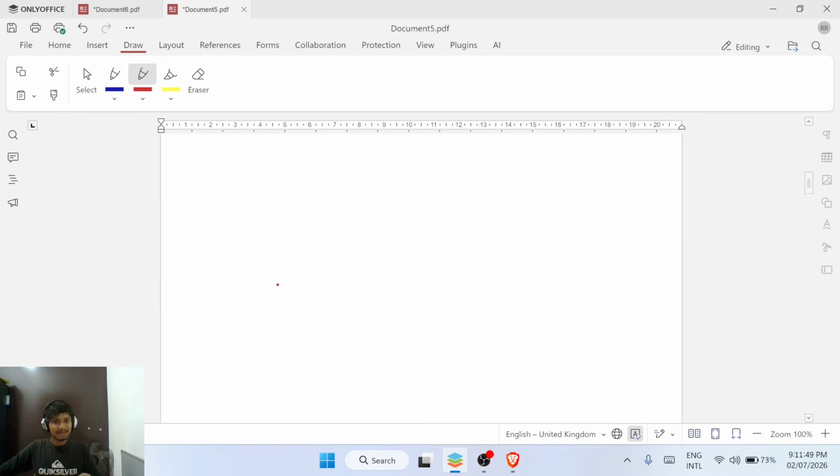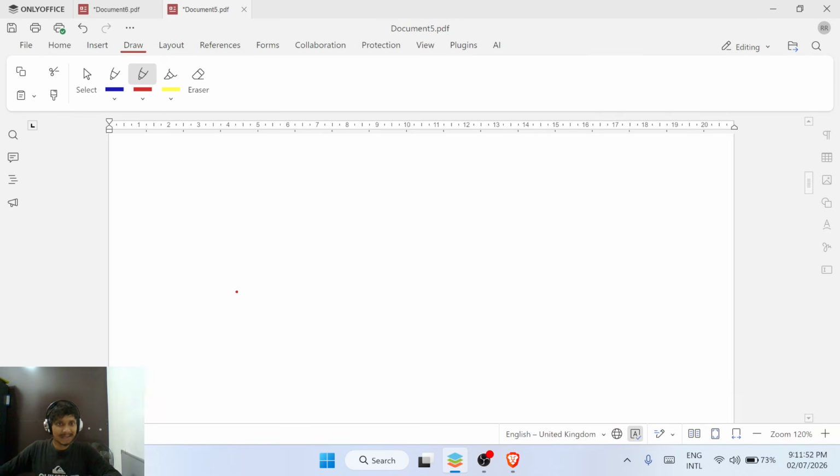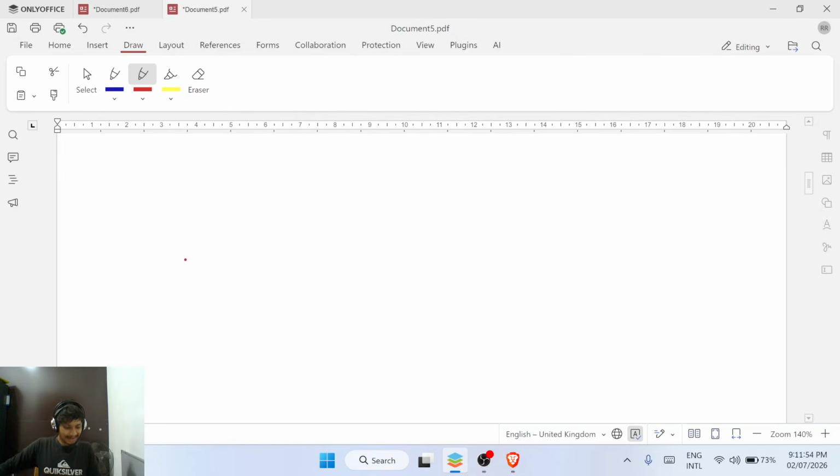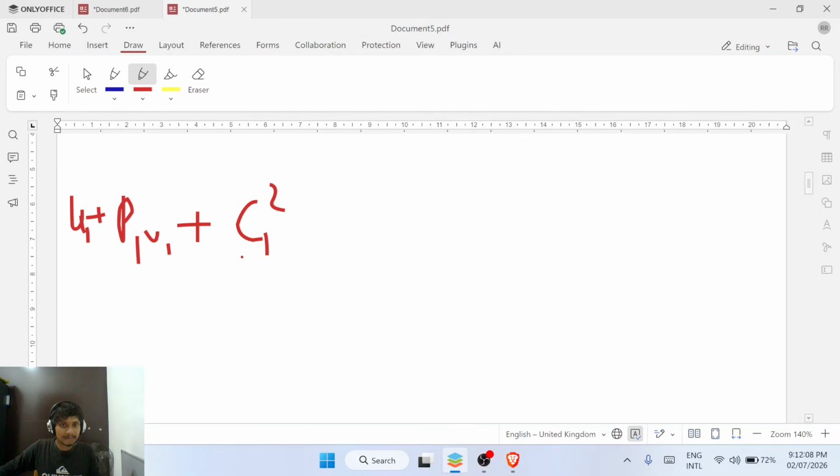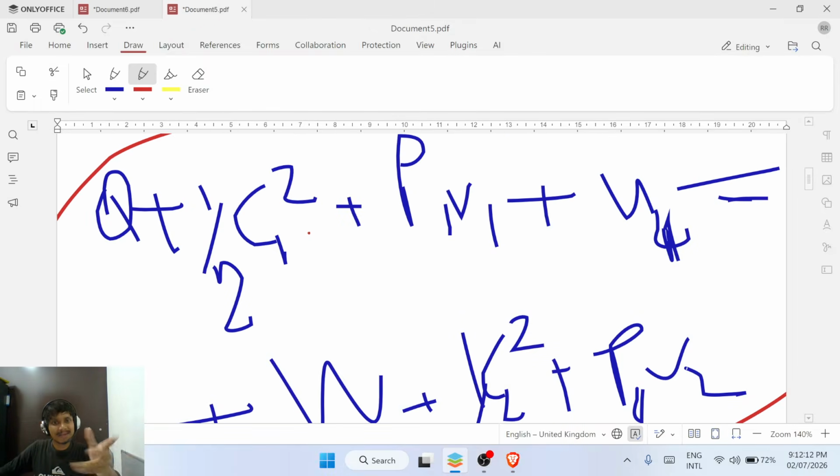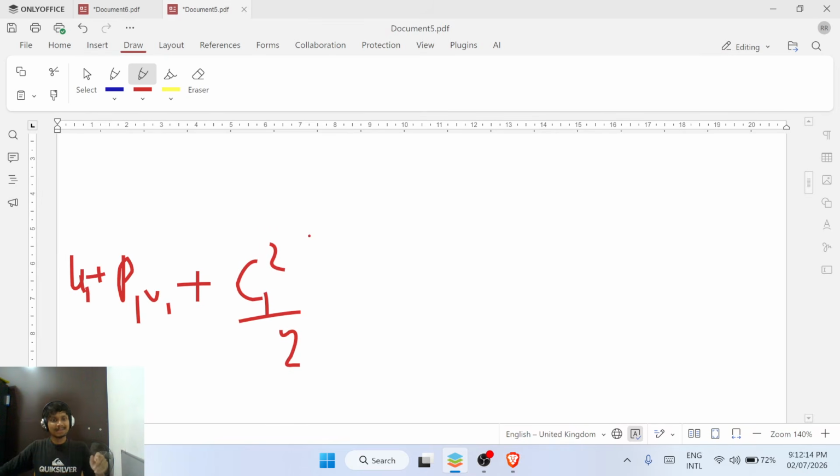But for the beauty of the equation, we write it like this: u1 plus p1 v1 plus c1 square by 2. We just move terms here and there. We didn't change the equation.